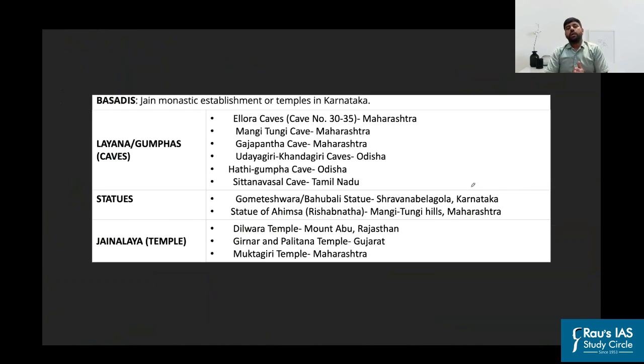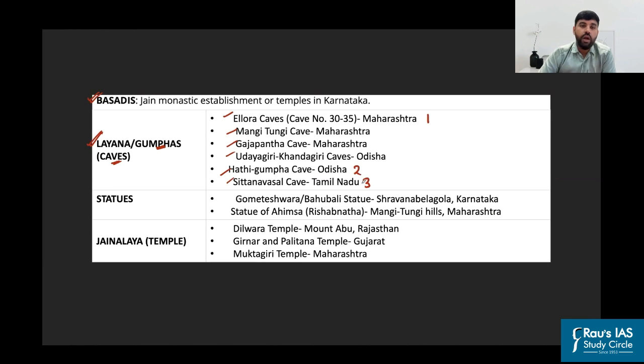Now, the temples of Jains are known as Basadi in Karnataka. There are caves, or gumphas. These are just examples: Ellora caves, Mangitungi caves, Jogimara caves, Udaygiri, Hathi Gumpha, Sittanavasal. If you can't remember all of them, please remember these three, which are very important.